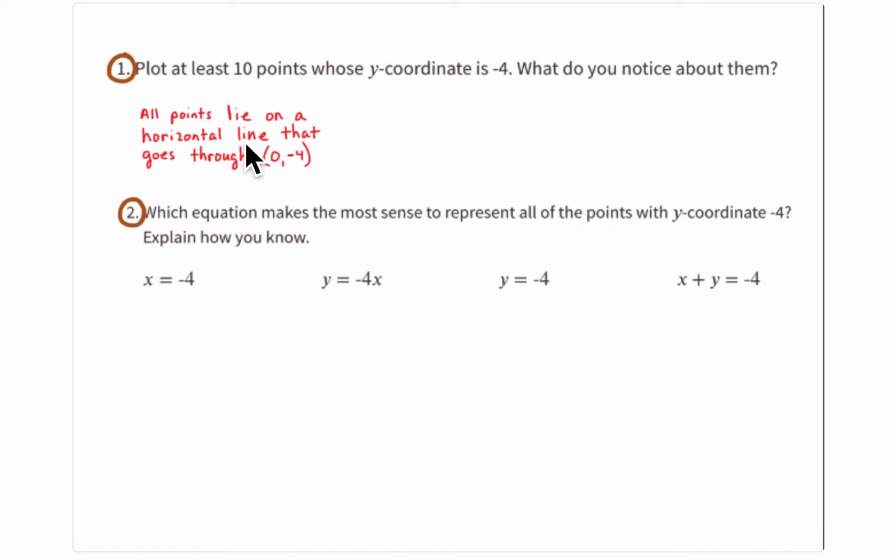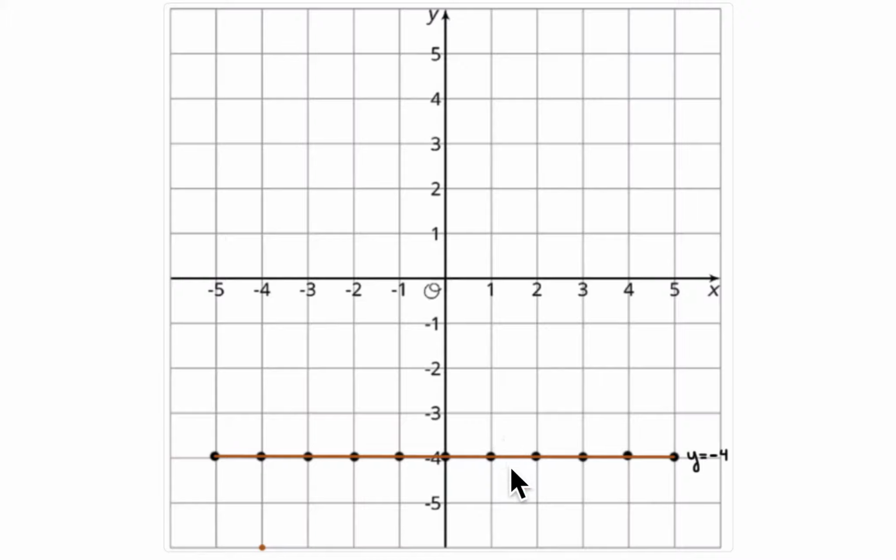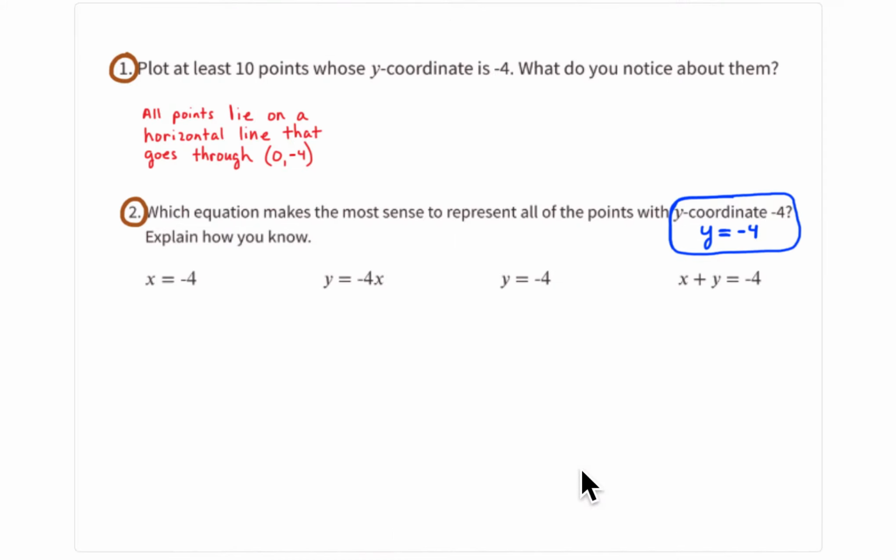So all the points line up on a horizontal line that goes through 0, -4. And here's a graph of that. So notice wherever you are on the x-axis, you always move 4 units down to -4. So it's a horizontal line that goes through 0, -4, and goes through all these other points as well.